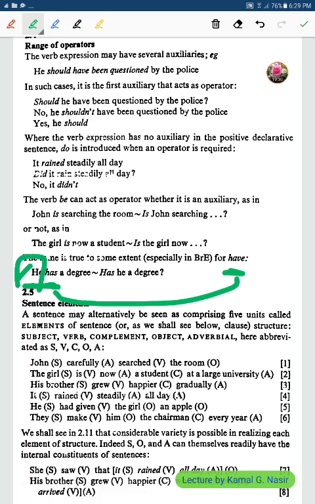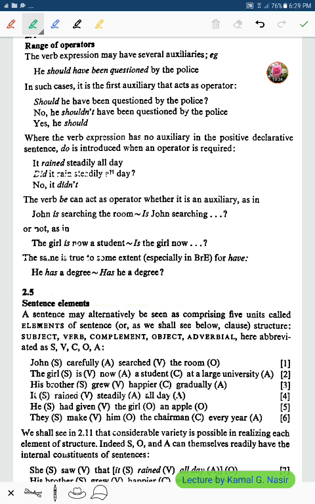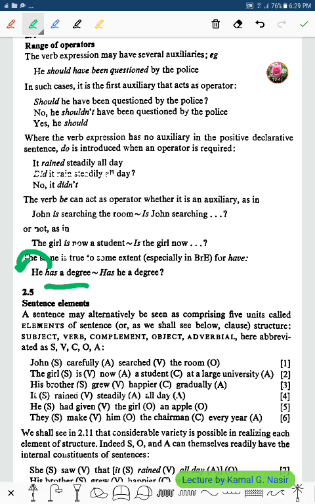The subject is he. Where is the predicate? It is has a degree. What do you do if you wanted to make a question? You move the operator to the beginning. Has he a degree?